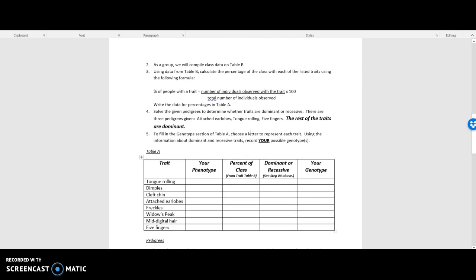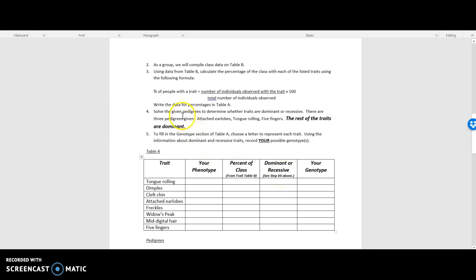If you've forgotten how to do percentages, here's a reminder up here, a little formula to help you out. Under where it says your phenotype, make sure you're putting in the ones that you have. If you can roll your tongue, under your phenotype you're going to write tongue roller.